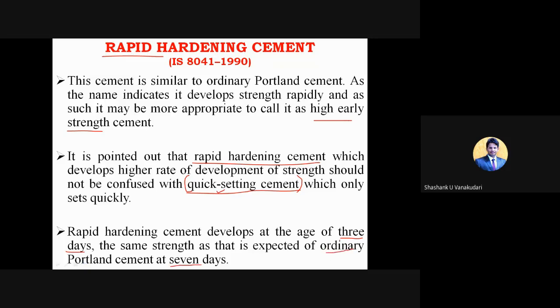Using OPC, you get this strength at 7 days, but the same strength you get using rapid hardening cement after 3 days. Three days means counting from the time of adding water to the cement or concrete, and exactly after 3 days, the strength that comes is that of 7 days of concrete with ordinary Portland cement.